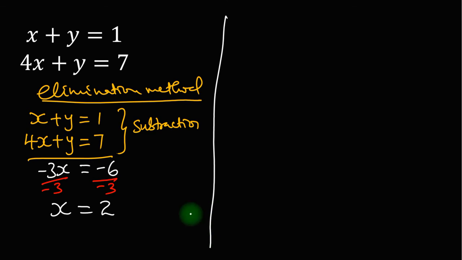The same thing we do in the pure elimination method. So again, allow me to rewrite the equations. x plus y is equal to 1 and 4x plus y is equal to 7. So I want to eliminate x, so I'll remain with y.